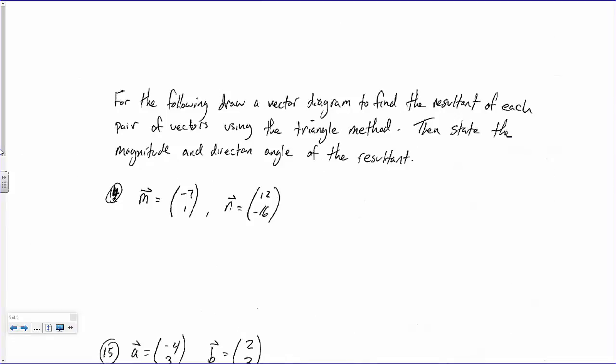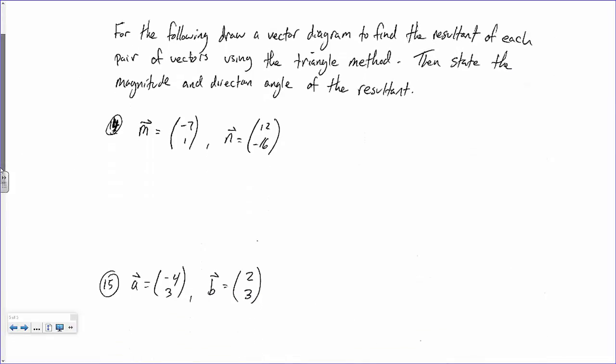Here we go. So right here on the last page, it says, for the following, draw a vector diagram to find the resultant of each pair of vectors using the triangle method. Then state the magnitude and direction angle of the resultant. When I'm saying resultant, we're going to add these vectors together, this vector here and this vector here.